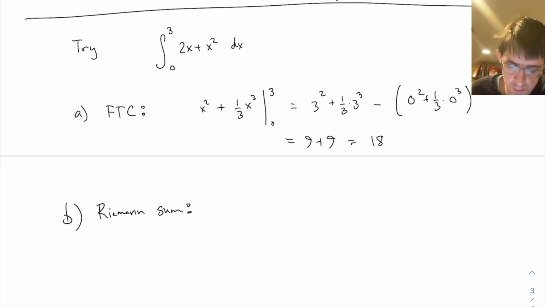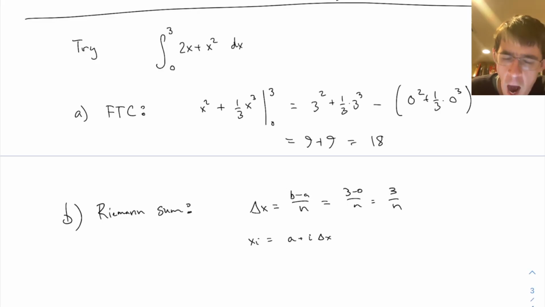To do this as a Riemann sum, you should figure out what delta x is first. Delta x is always, you just have to remember, b minus a over n, where b and a are the interval endpoints. So 3 minus 0 over n, this is 3 over n. And xi is a plus i delta x.